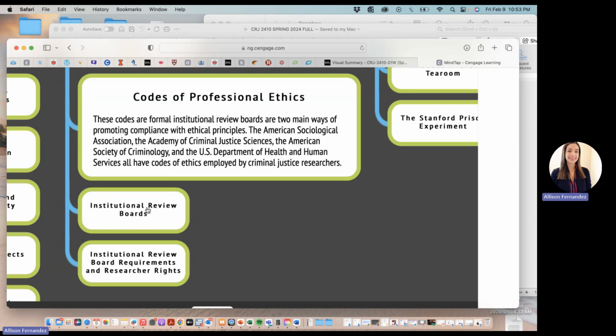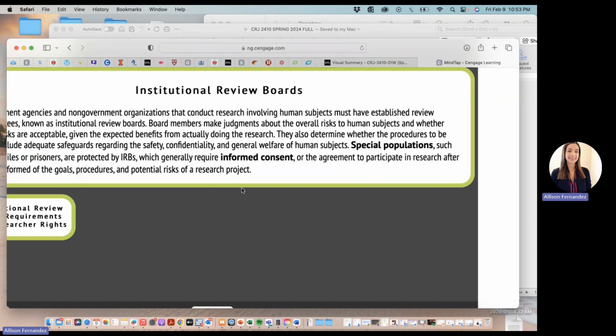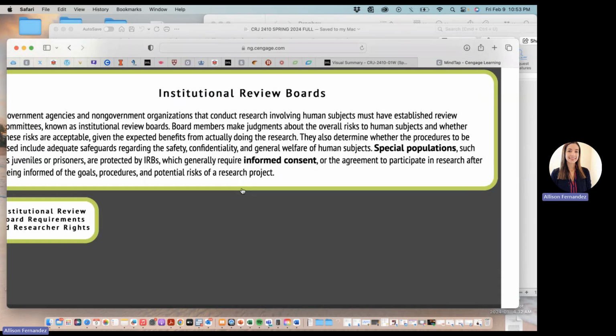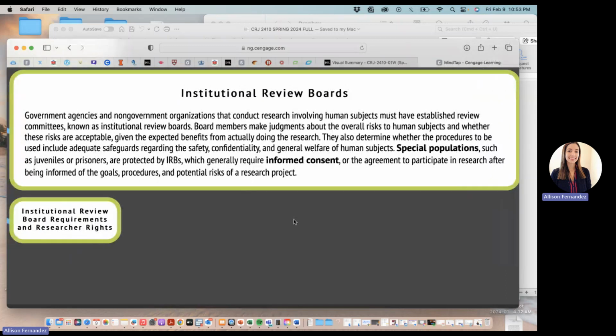but regardless, you're going to be part of IRBs. So during IRBs, you have to fill out paperwork, and usually other board members, which usually are other faculty, if you're at a university, they will assess your study to see if you've done everything that you've needed to do to protect the participants and protect their confidentiality as well.